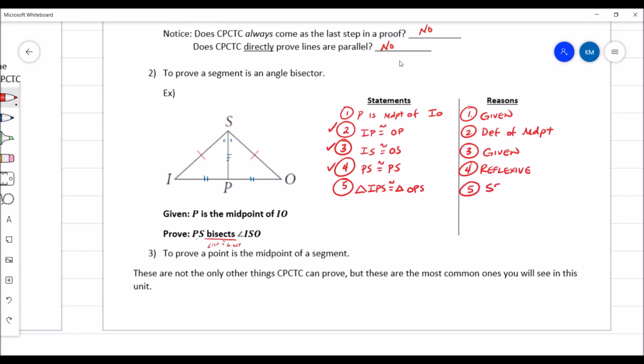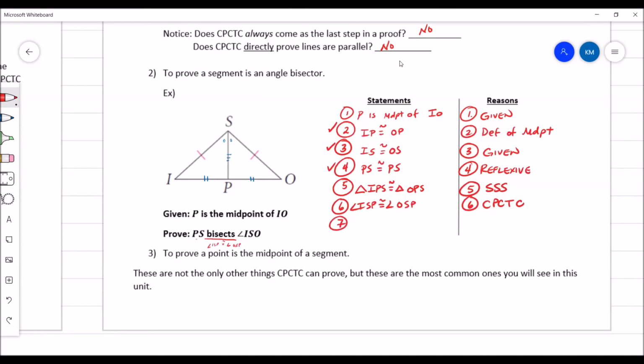And that's because of side, side, side, as my markings indicate. Okay, now that I've used side, side, side, I can use CPCTC. And let's see if angle ISP, OSP, great. Those are corresponding angles. And angle ISP is congruent to angle OSP because corresponding parts of congruent triangles are congruent.